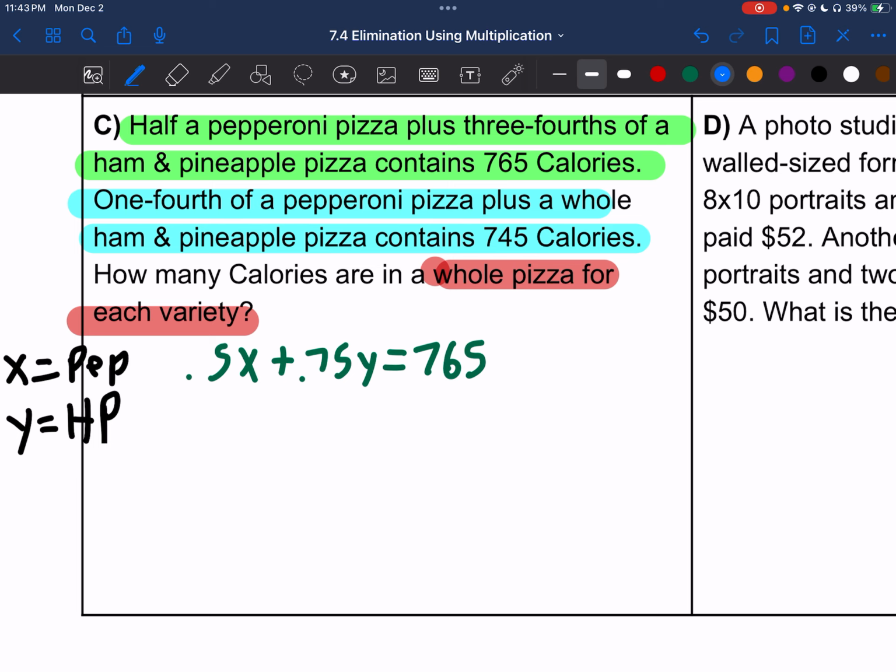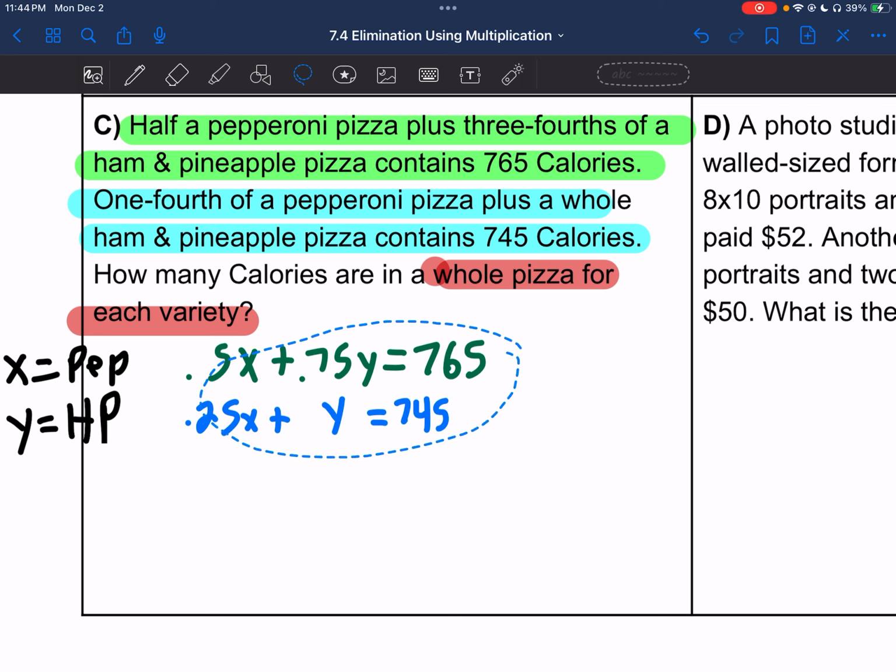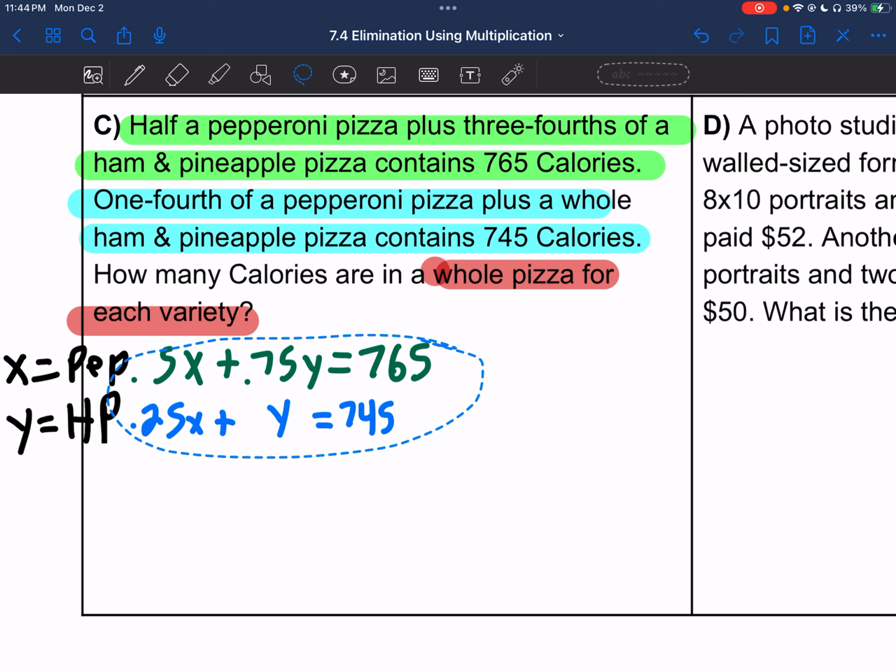Okay, our second one is going to be 0.25x plus a whole pineapple, so plus y is going to be equal to 745. I'm going to slide this over just a bit. Give me a little bit more room to work with.